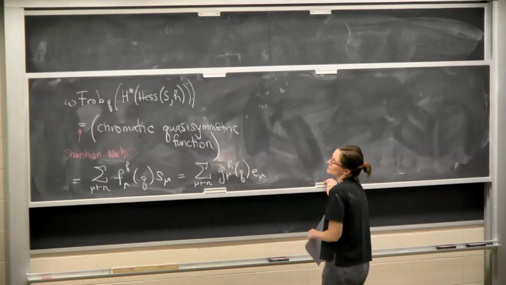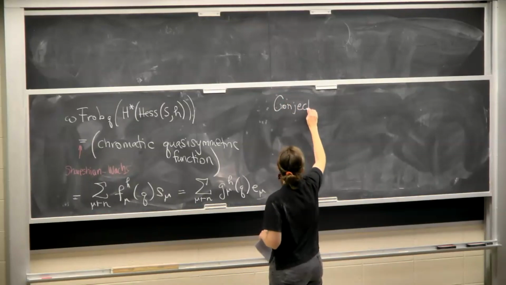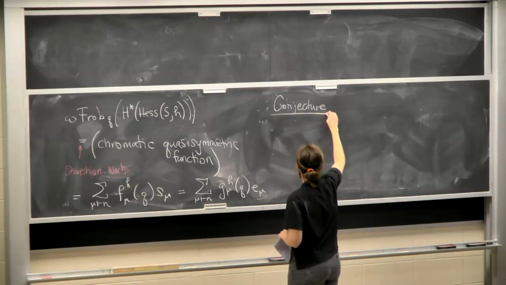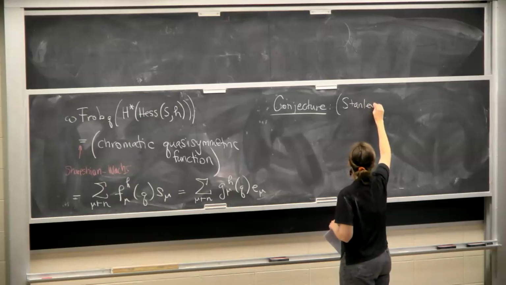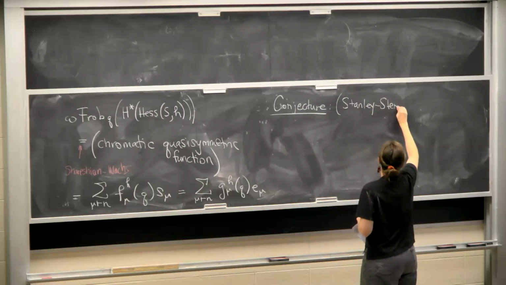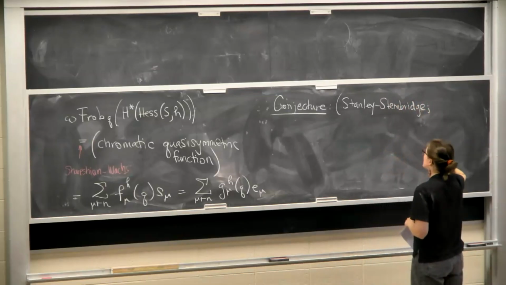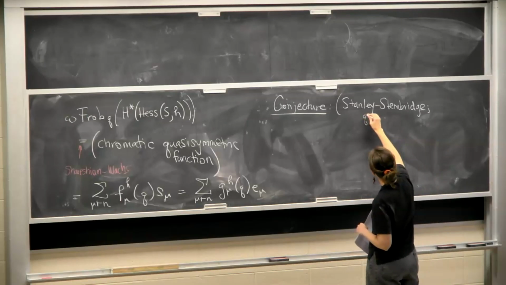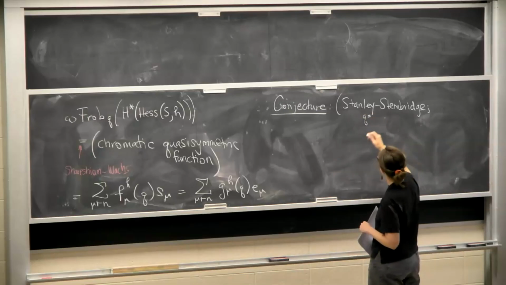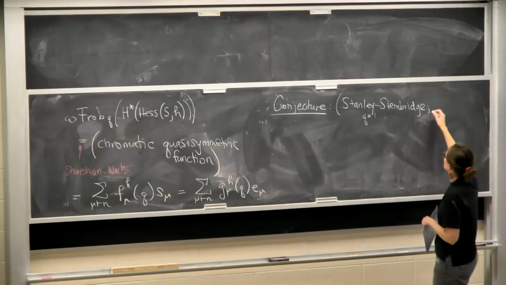And the conjecture, which has generated a lot of work, was first conjectured by Stanley and Stembridge in the special case where Q is equal to 1. So the sort of ungraded version.